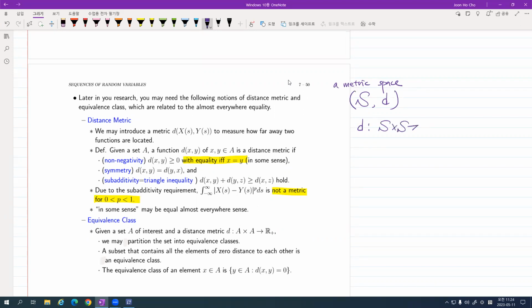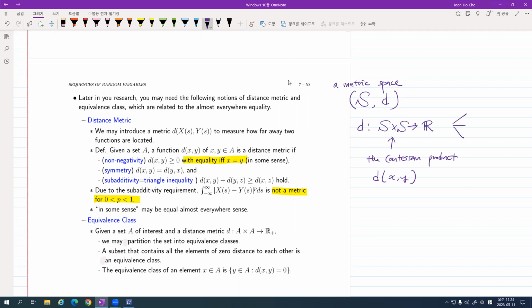It has two inputs. You know what that means, right? This is a Cartesian product. So D has two inputs, like x and y. And usually our distance metric is a real-valued function with some special property.